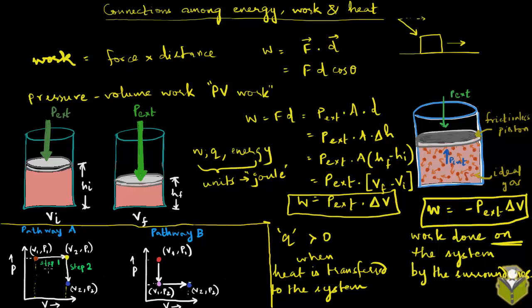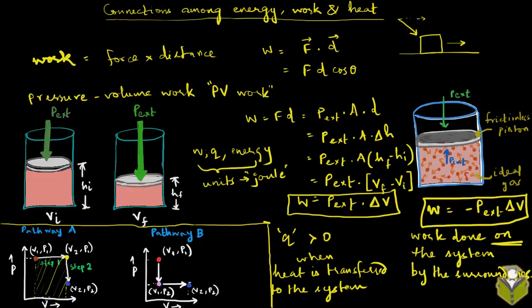Here, when it's going from V1, P1 to V2, P1, the work done in this case is P1 times delta V. So that is going to be the area of the rectangle represented by this box here.